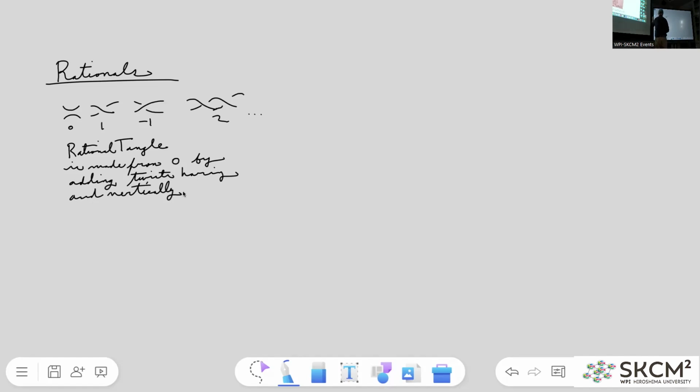So what I mean by that is I could start from 0, but it's not a good idea for me to add a vertical twist at that point. I could add some horizontal twist. And then I could add some vertical twist.